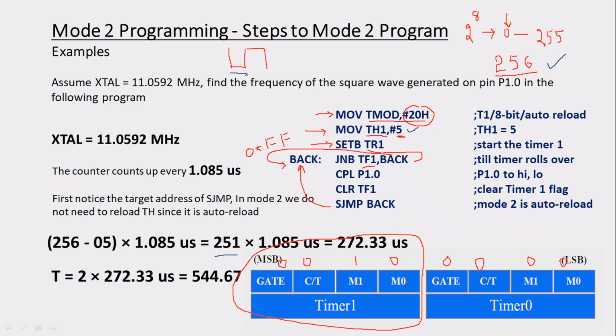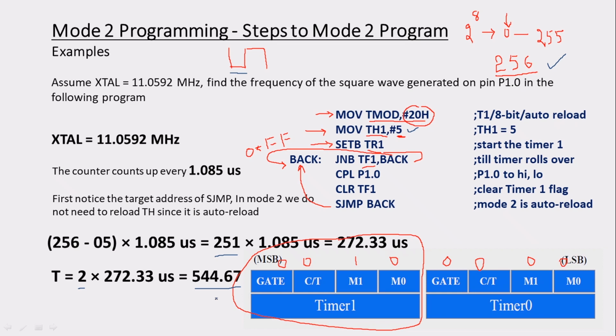So the total time is twice that, multiplied by 2, which is 544.67 microseconds. This is the time delay being generated.